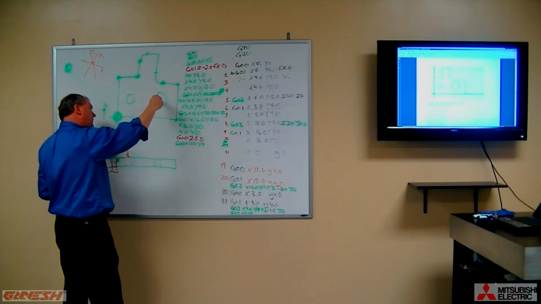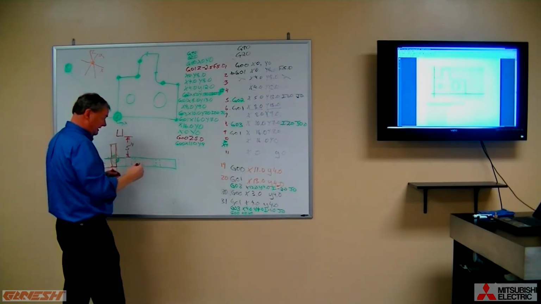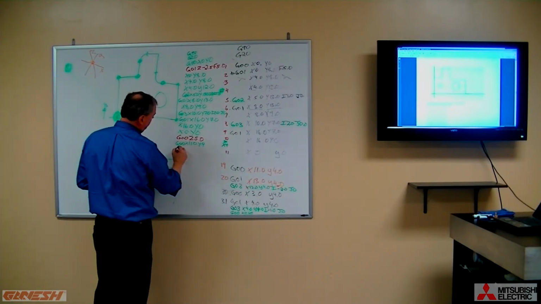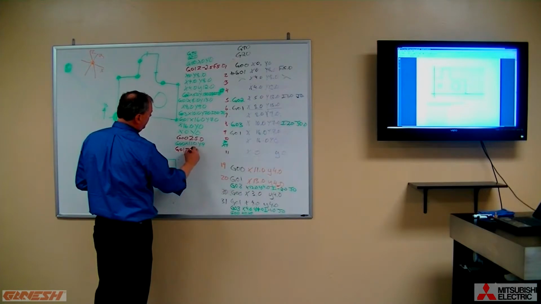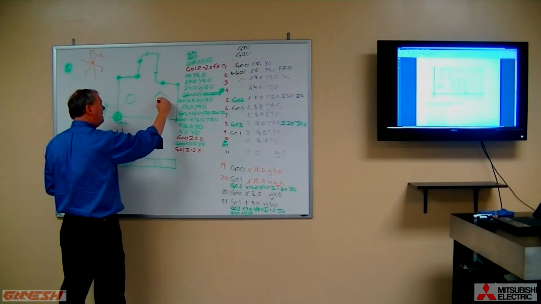Now we probably want to bring the cutter down into the material if it's a center cutting end mill. We'll assume that it is, so now we'll say G01, Z minus 2.5. And now it's going to go at a feed rate and bring the cutter down through the material.